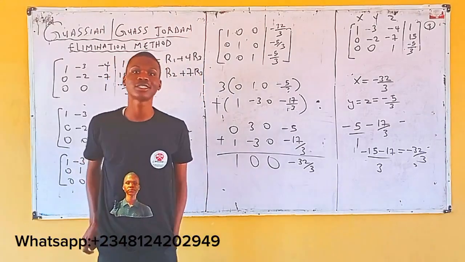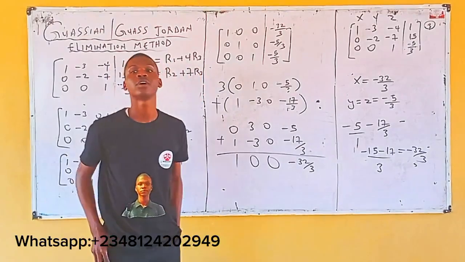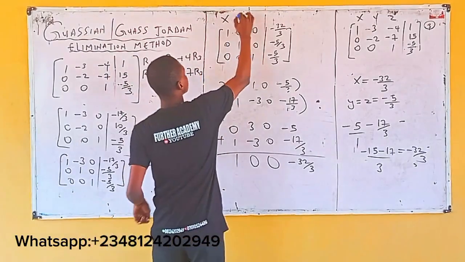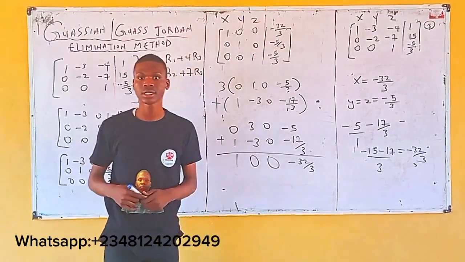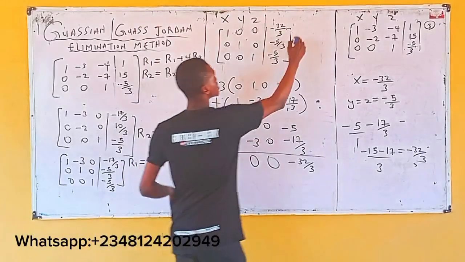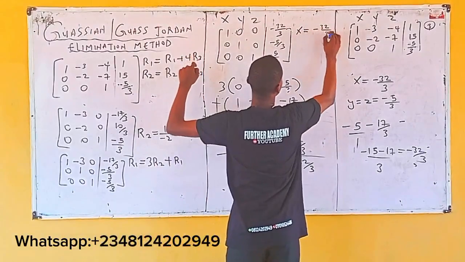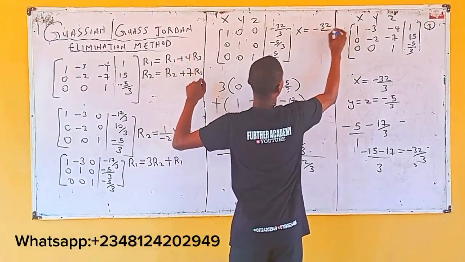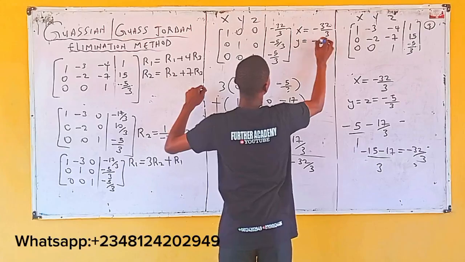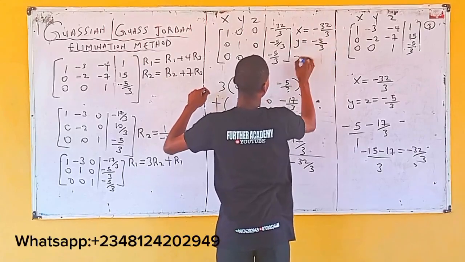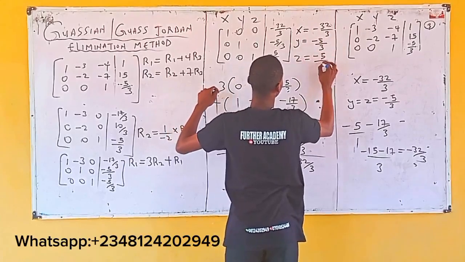Now my question is compare. When we solve, of course this is x, this is y, this is z, right? You can deduce that x is equals to -32/3, y is equals to negative 5 over 3 and z is equals to negative 5 over 3.